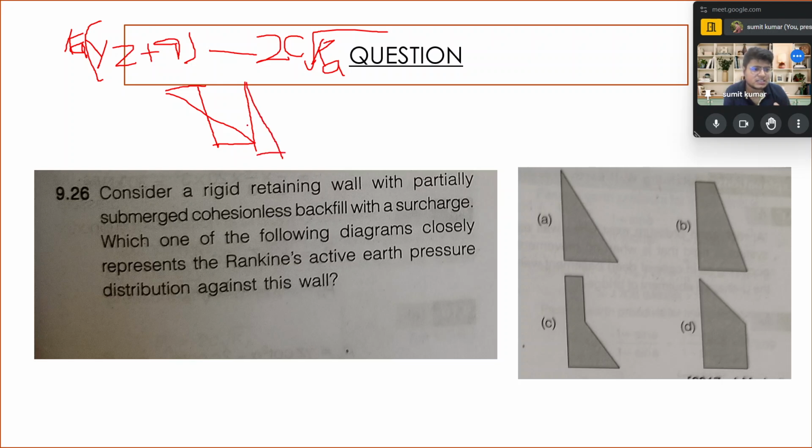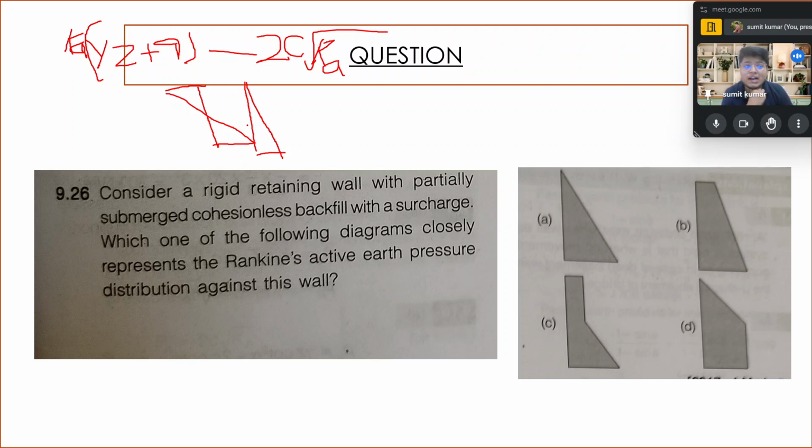We found that 2c by root K_A, whatever we calculated, that much surcharge if we apply, the value of the earth pressure at the topmost cross section will be zero. Over there the tension crack problem is something else, but that was the main point.